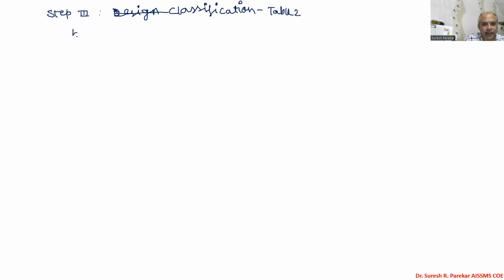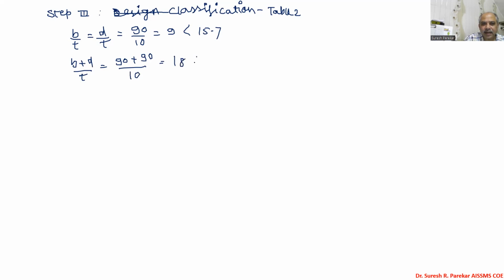So we have b by t equal to d by t because it is an equal angle section. So 90 by 10, 9, less than 15.7, and (b plus d) by t, 90 plus 90 by 10, that is 18, less than 25. As both conditions are satisfied, section is semi-compact.